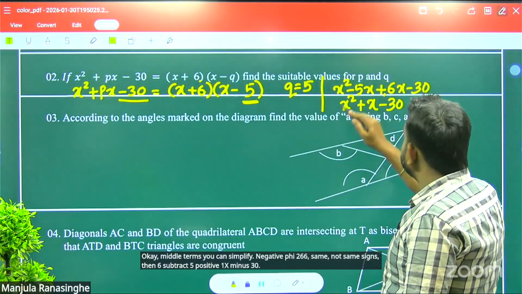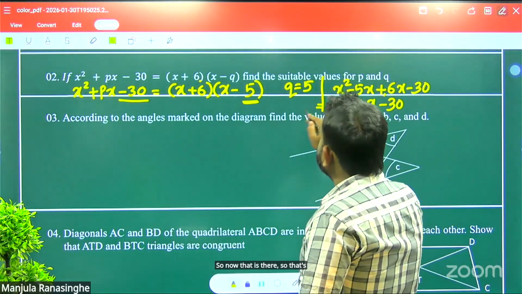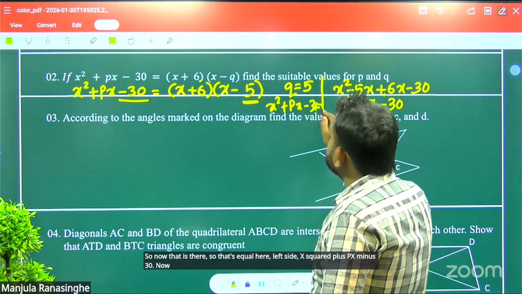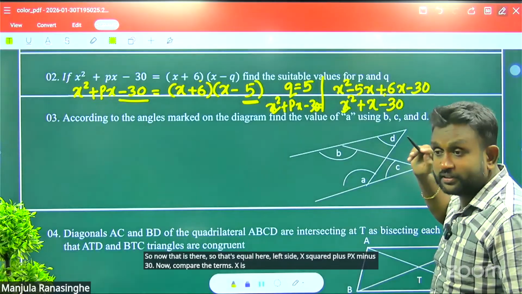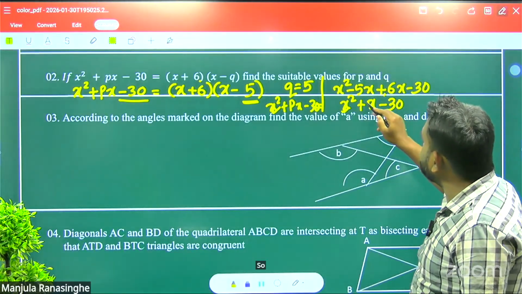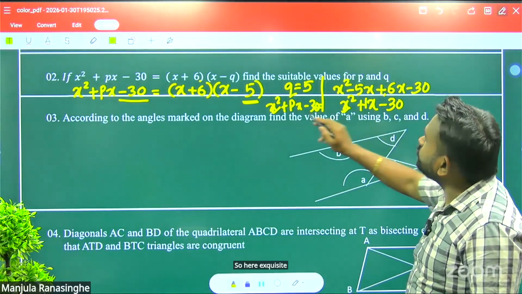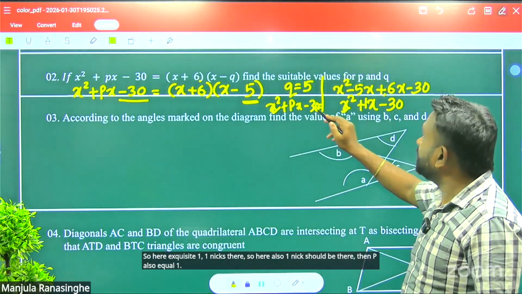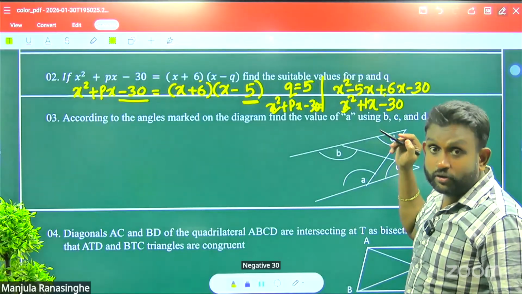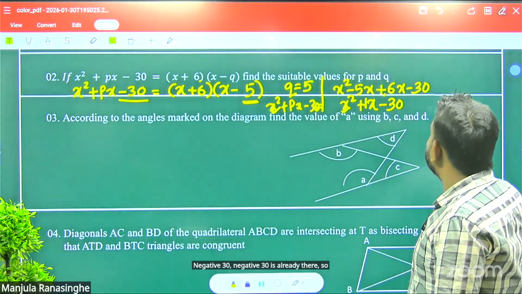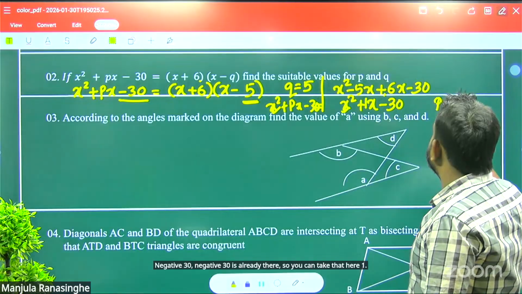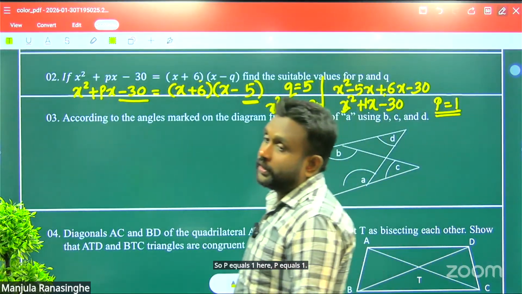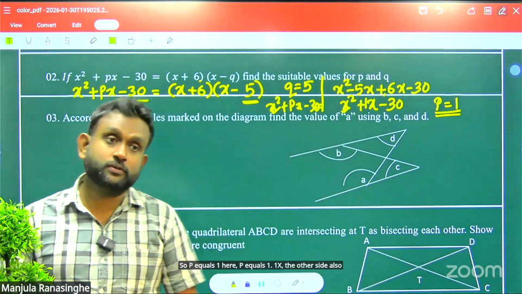So that is equal to the left side, x squared plus px minus 30. Now compare the terms: x squared same. Here the x coefficient is 1, so here also 1x should be there, then p also equals 1. Negative 30, negative 30 is already there. So p equals 1 here. 1x, and the other side also 1x.